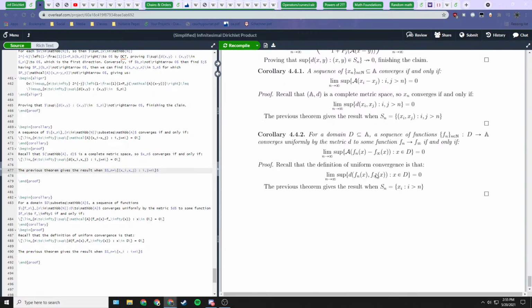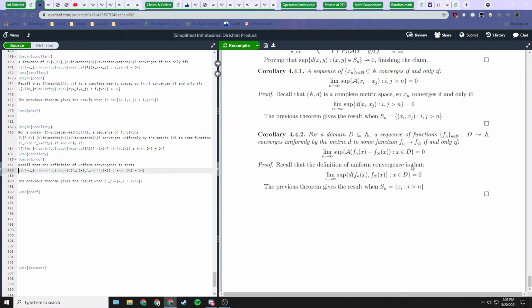so the definition of uniform convergence is that this is the limit of the supremum of these distances across x. So we can instead take S of n being the set of ordered pairs f sub n of x minus f sub infinity of x, such that x is in D. And that's just as valid.